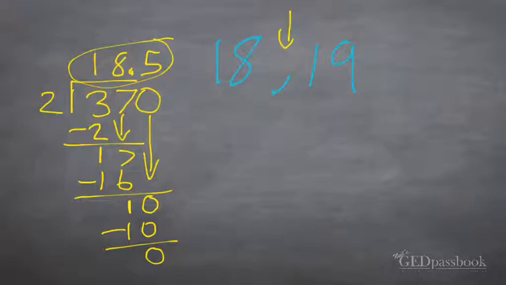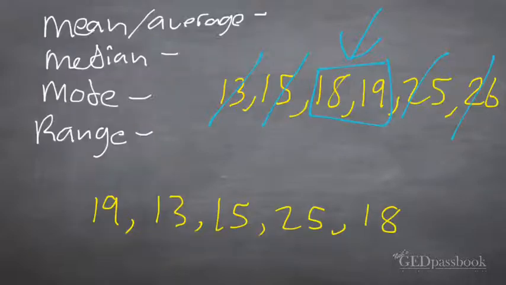So you must always find the mean of your 2 numbers, which is the same process. Add up the 2 middle numbers, divide by 2, and then you'll get that median. You add 18 plus 19 and then divide by 2, because there's only 2 numbers technically, right?